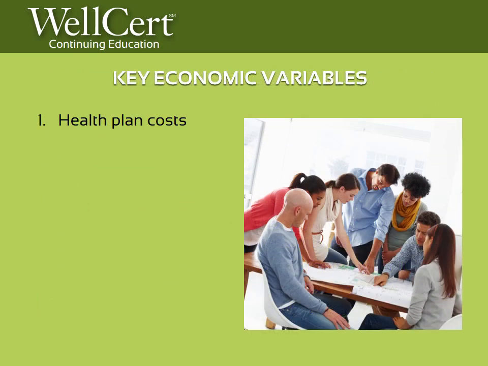Now, key economic variables are going to be health plan costs. Those can include prescription drug costs if they're in a separate supplemental plan, or if they're in a more comprehensive plan, it can include all of the hospitalization, physician care, emergency room care, clinical activity, rehab, home health services, a whole variety of kinds of issues that are covered by health plans, medical plans.